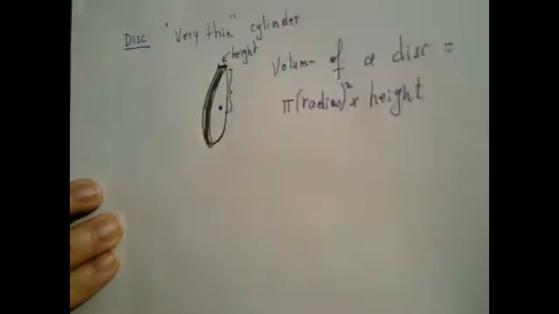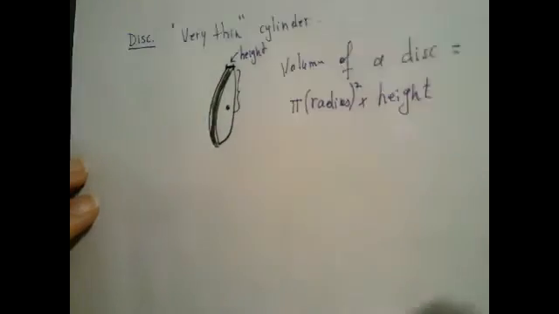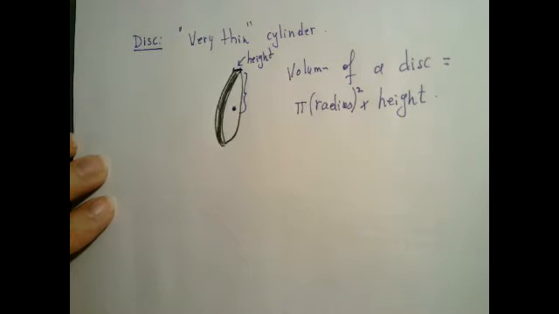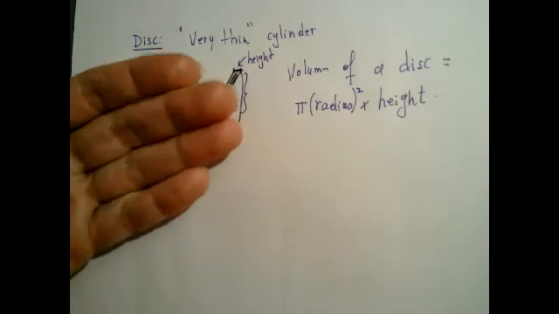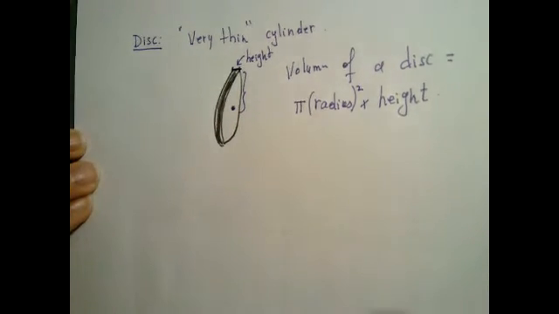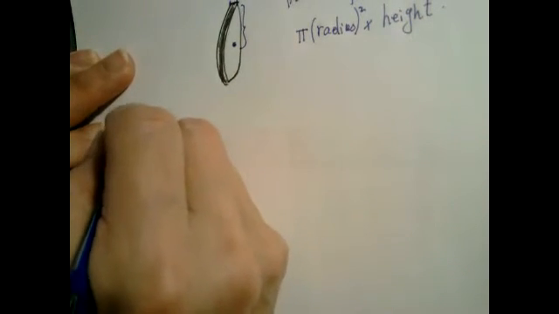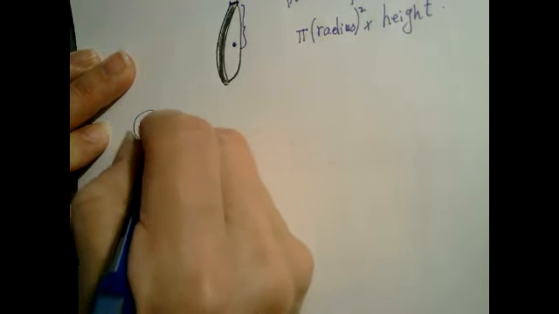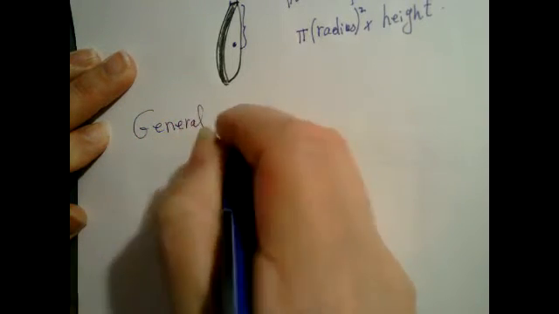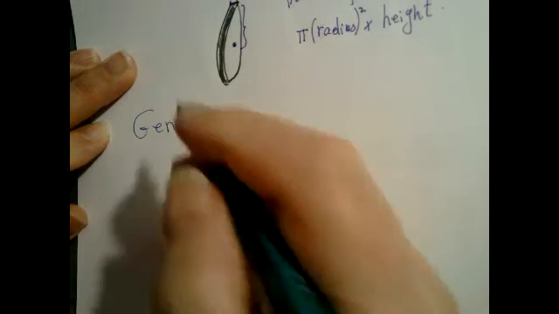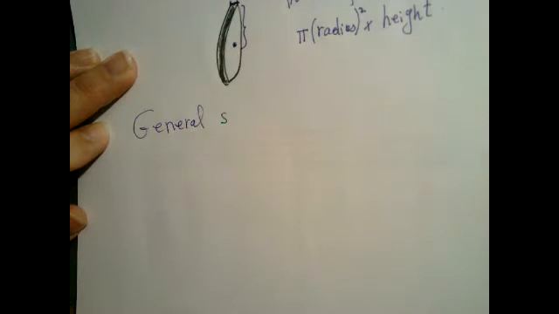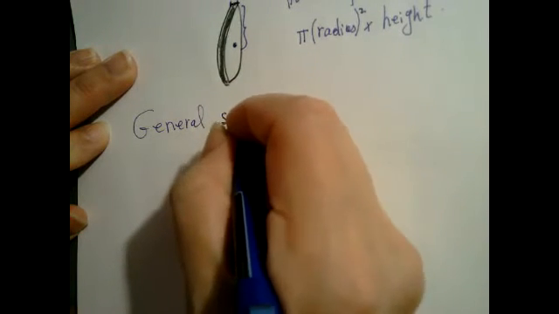So now let me go back to my original problem, which is how to find the volume of a solid obtained by rotating a region around the x-axis. So this is going to be the general setting of the problem.